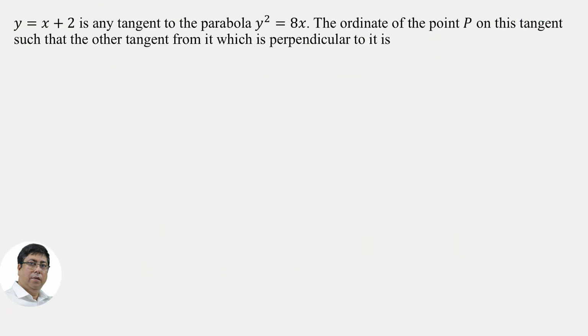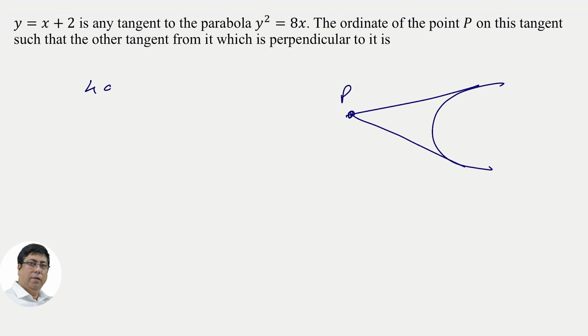If y = x + 2 is any tangent to the parabola y² = 8x, the ordinate of the point P on this tangent is such that the other tangent from it is perpendicular to it. So really it's related to the very basic concept of the sum. Clearly P is the point of intersection of two perpendicular tangents, and as we know, it lies on the directrix.